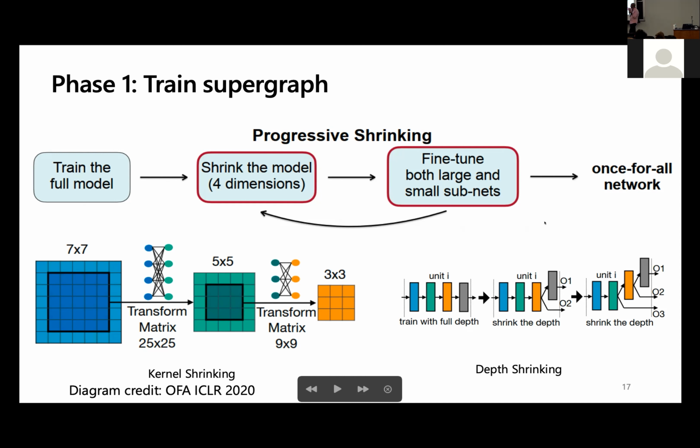Over time, you start getting rid of some of the supernet and diverting traffic out, such that the smaller architectures also start getting trained well. So that if I were to extract a smaller architecture, it would also know what to do if I were to force it to make a decision at this layer, as opposed to this layer. Because when I'm training this one, it only knows how to make decisions here.